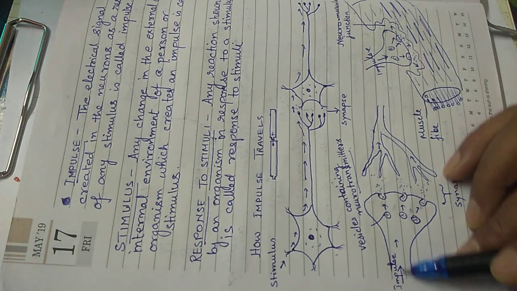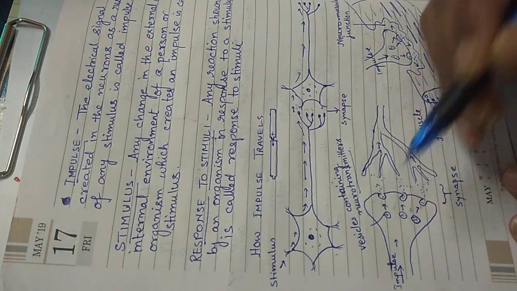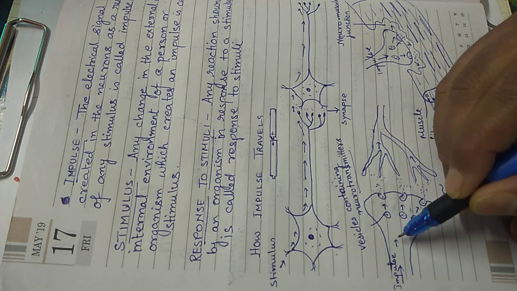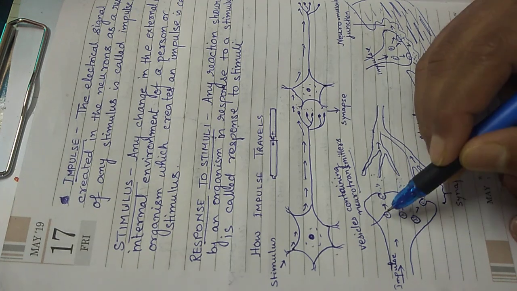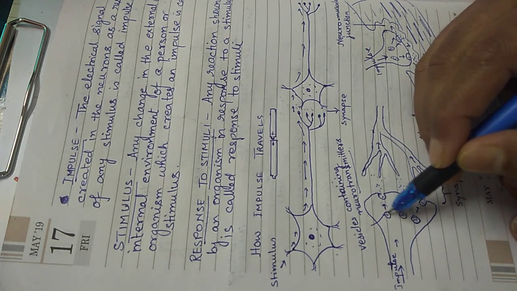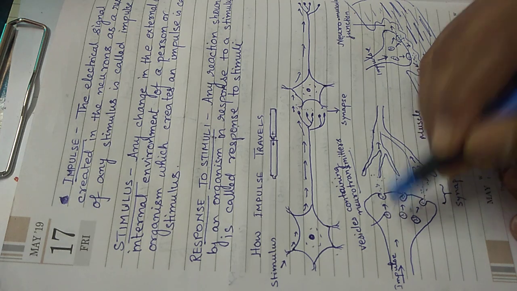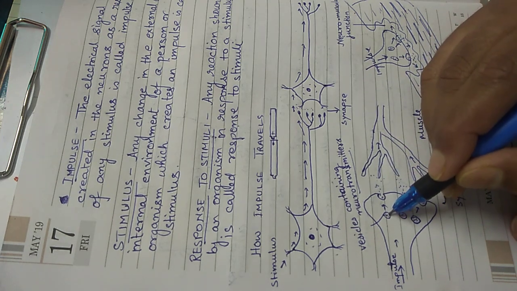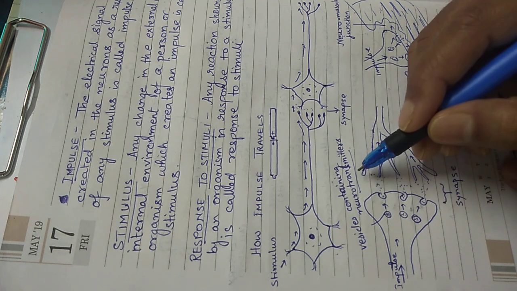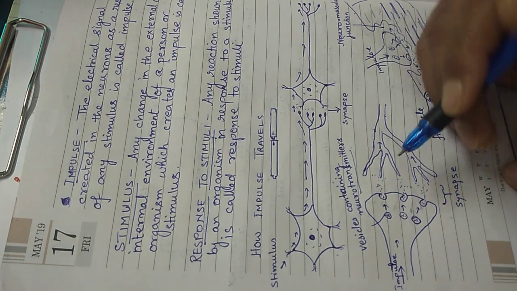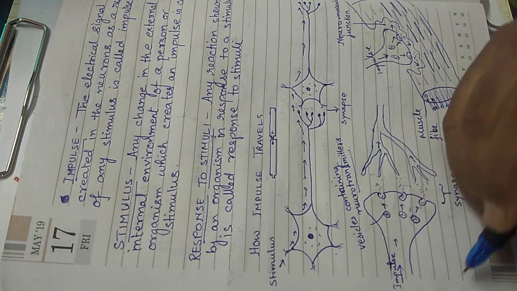Here I have shown that when the impulse reaches the nerve ending, in response to the electrical signal, some membrane bound vesicles are created, and in those bodies some chemicals are formed. These chemicals are called neurotransmitters. One of the very common neurotransmitters is acetylcholine.